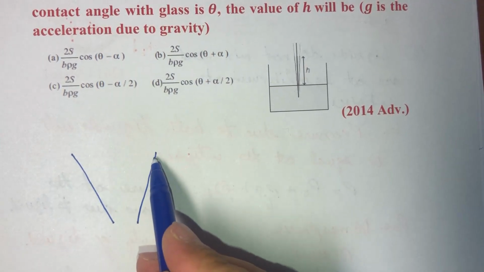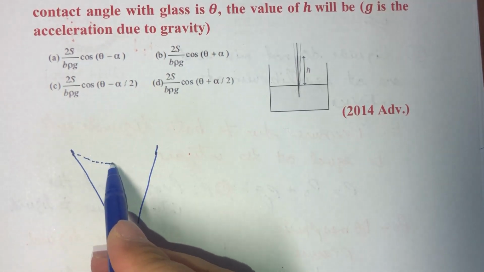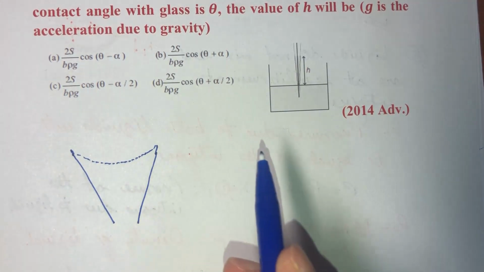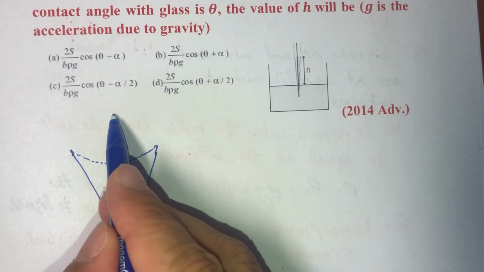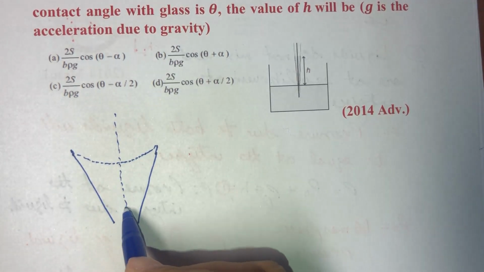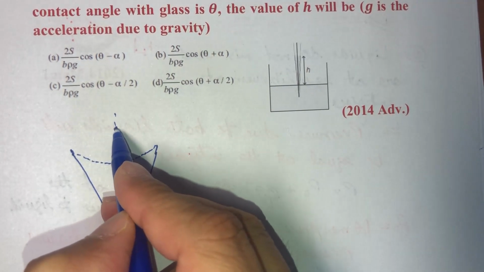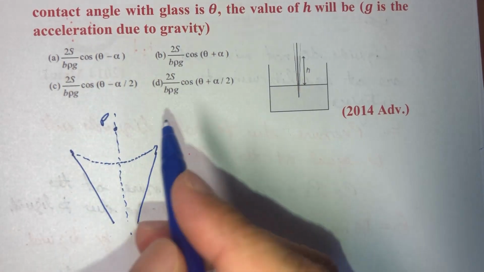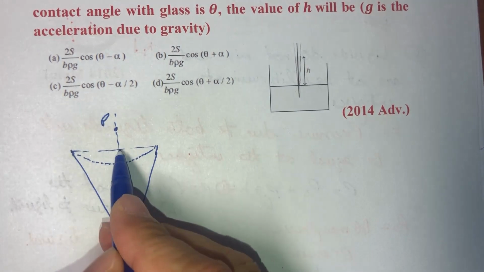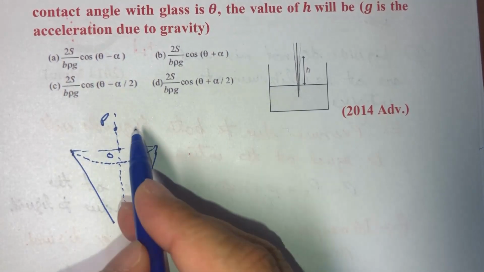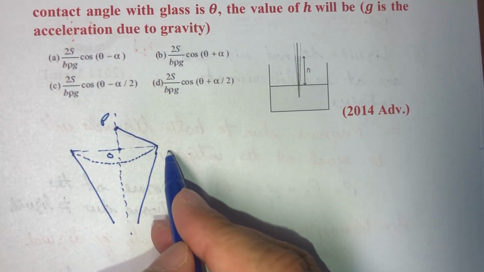Let us suppose the water rises up till here, so the shape of the water will be a curved shape, and this is the axis which passes through the center. We consider a point P, and let us join this. This point is our O, and we call this other point Q.